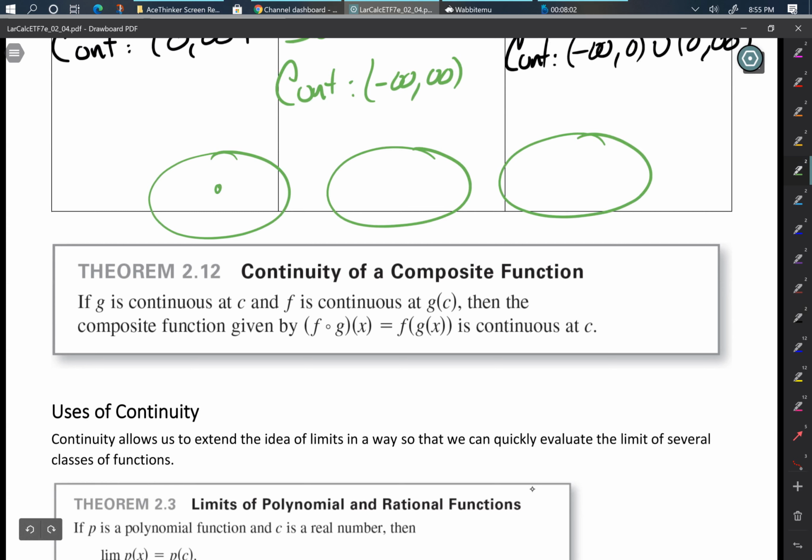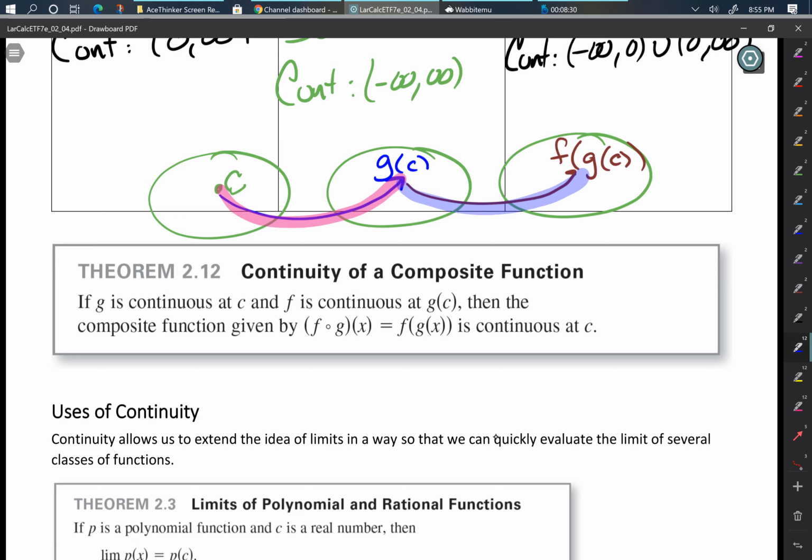So we're starting here at c. We're going over here to g of c, and then we're going over here to f of g of c. And so for continuity to exist, this must be continuous, and this must be continuous.